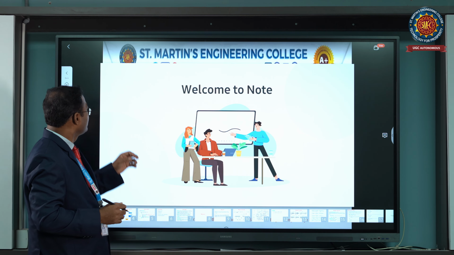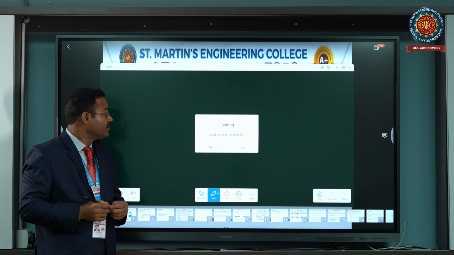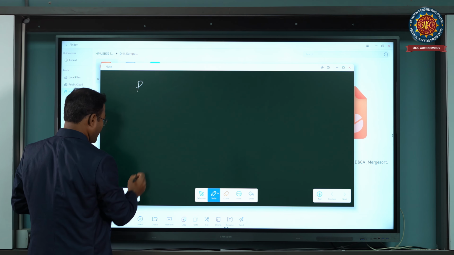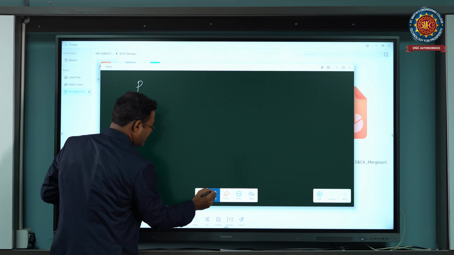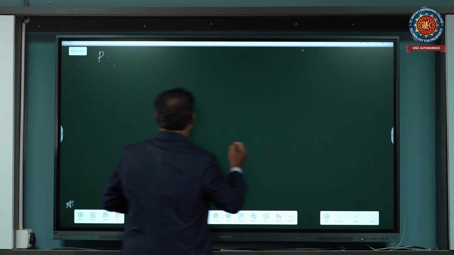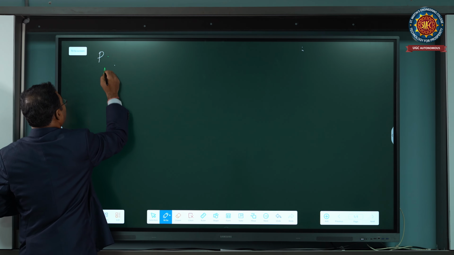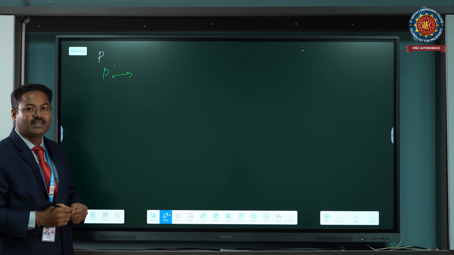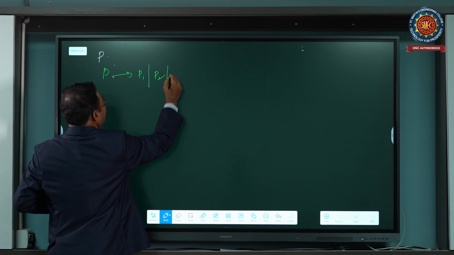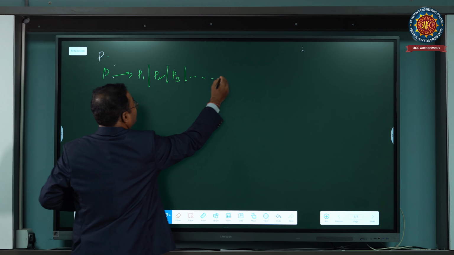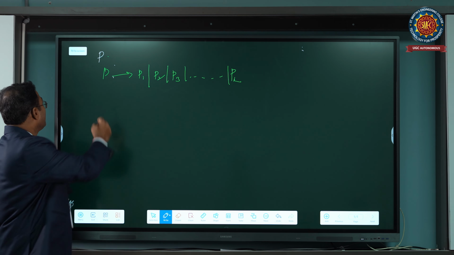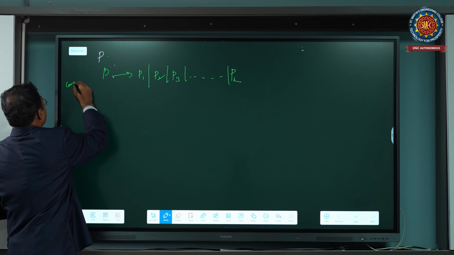P is the problem. We have to divide the problem into P1, P2, P3, and so on up to Pk. The problem may be complex or large.